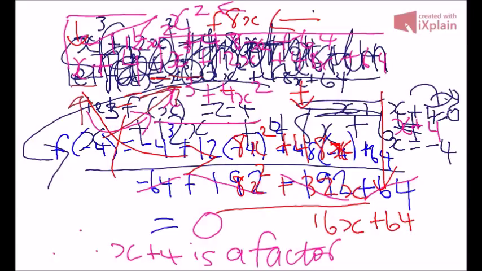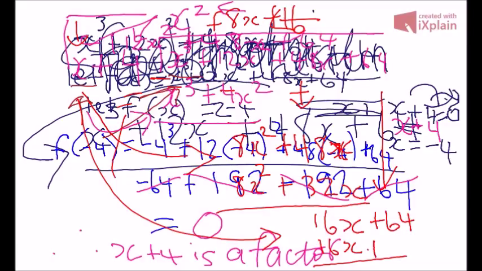And what into this x is going to give us 16x? We go again. We say 16. 16 is the quickest answer that we can think of. 16 multiplied by 4 would give us 64.